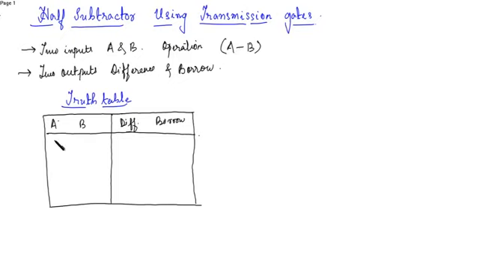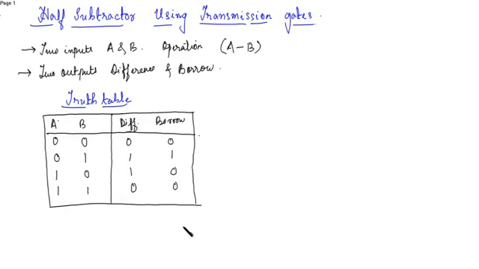When the input is 0, 0, then the difference is 0. The borrow will be also 0. When 0, 1, 0 minus 1 is not possible. So there will be a borrow, and the difference is 1, 0 minus 1, that is 1. When it's 1, 0, the difference is 1, borrow 0.